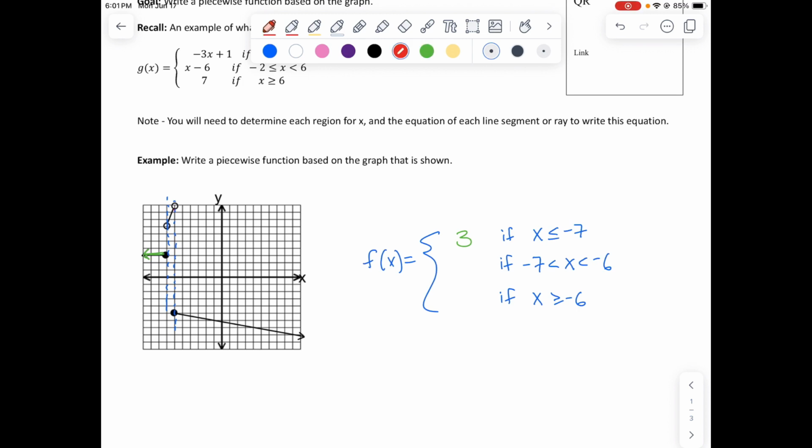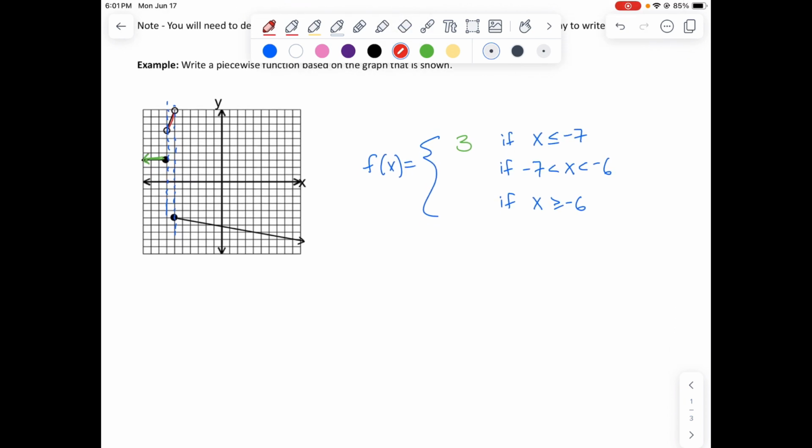Then the next section here I can mark in red. We see that it has a slope of 3, but we don't know the y-intercept, so we need to actually solve just like we normally would. So I could start by picking a point. I'll use the point -6, 10. And I also know that my slope here is 3. I also could write 2 points if I wanted.